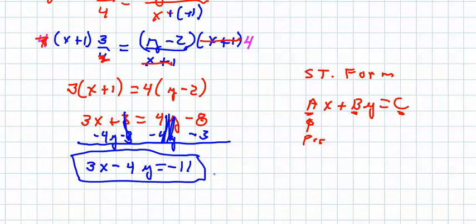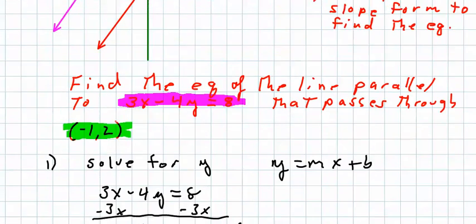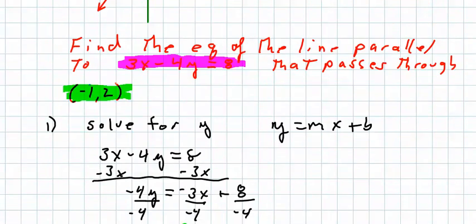This is the equation of the line that goes through -1, 2 and is parallel to this line.